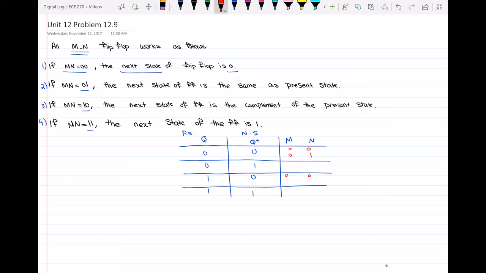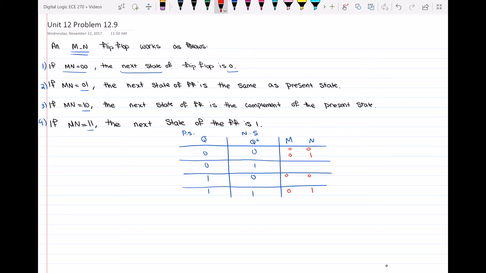So it also includes this state of the flip-flop, right? Because Q plus is 1, Q is 1. So the next state is equal to the present state, and mn will be equal to 0, 1. So I think we filled both situations that matched this statement, where the next state was equal to the present state.